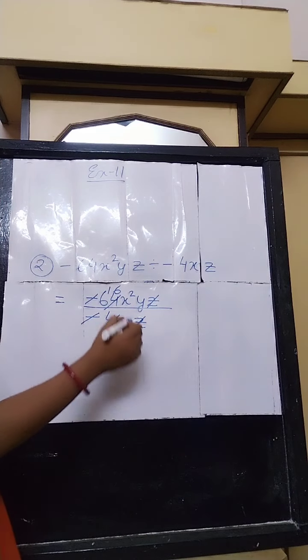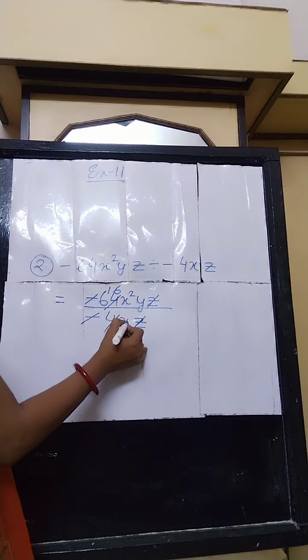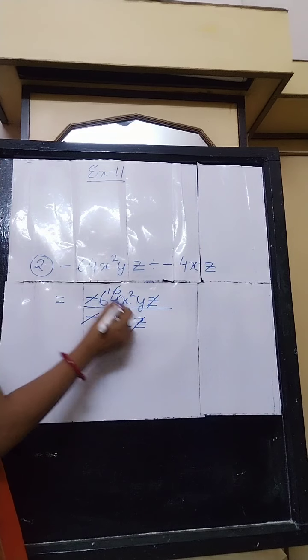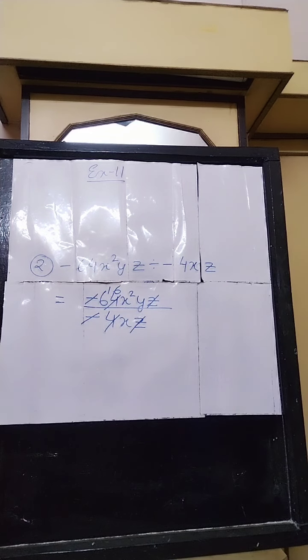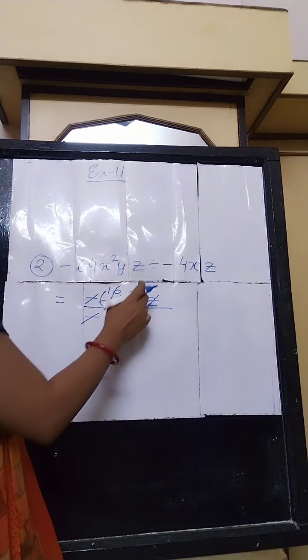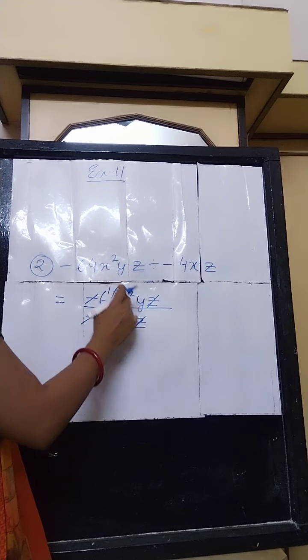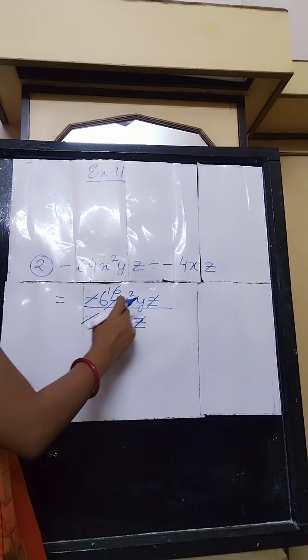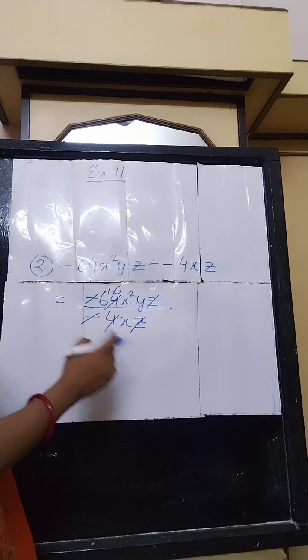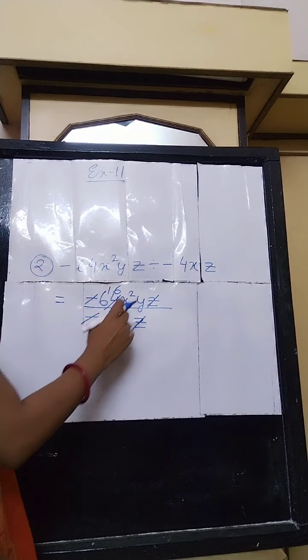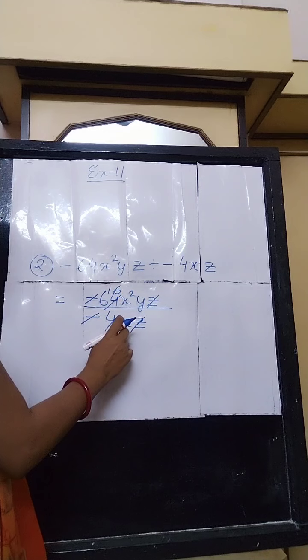And here x square y and x is given. Normally what we do is we subtract the variable power in the denominator from the one in the numerator. Here x square is there, here x is there.